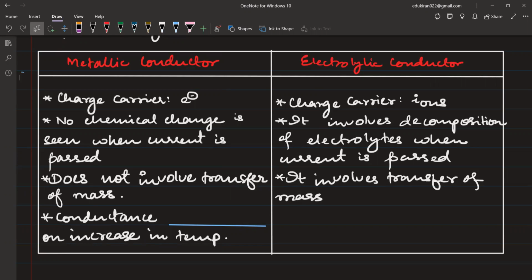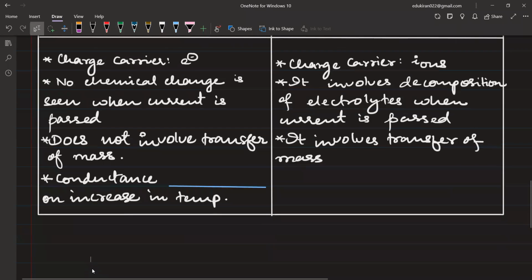Conductance increases or decreases? That is correct, Zan. It decreases.